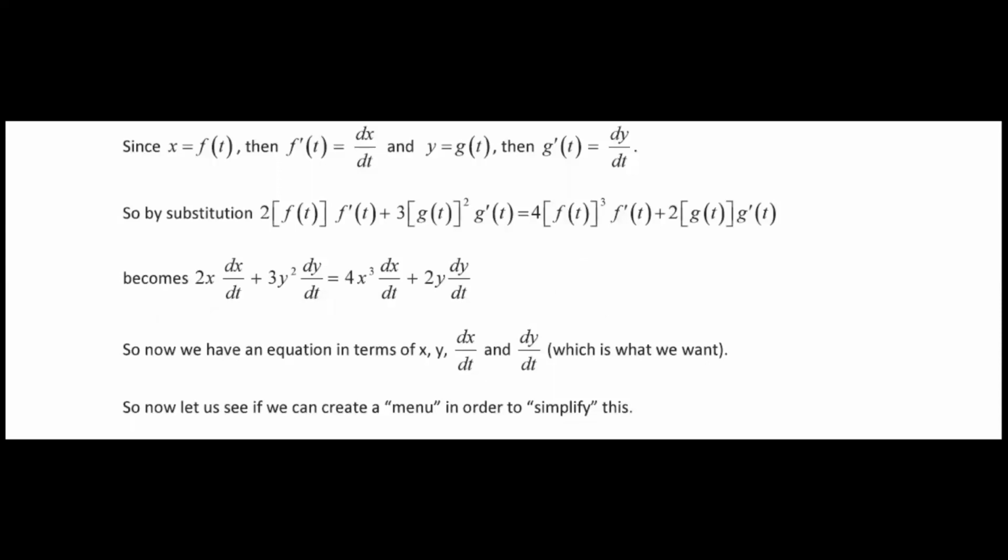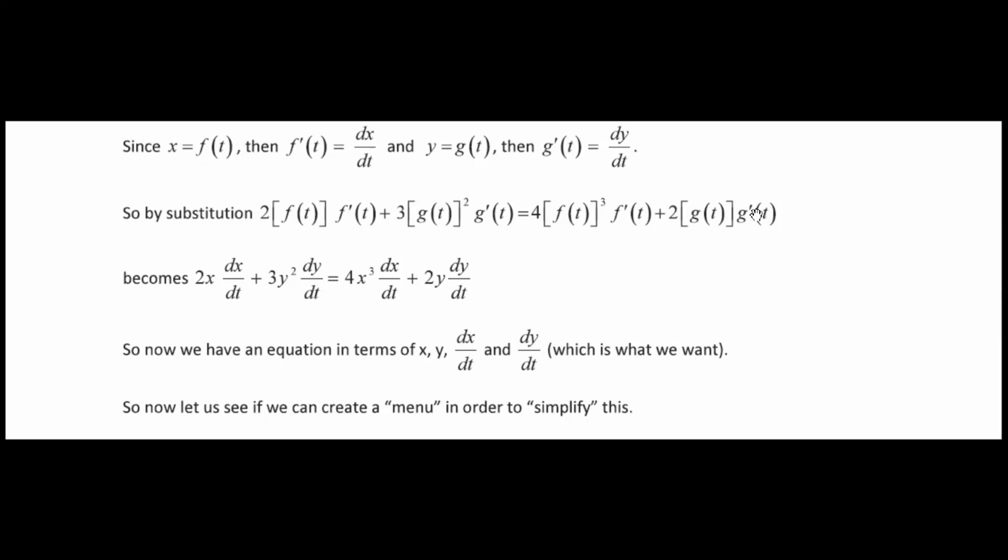Now, if x is a function of t, then f prime of t must be dx/dt, or dx/dt is f prime of t. And likewise, if y is g of t, then dy/dt must be g prime of t, or vice versa. So what we're going to do now is, this is just a recopy of our expression after taking the derivative from the previous page.